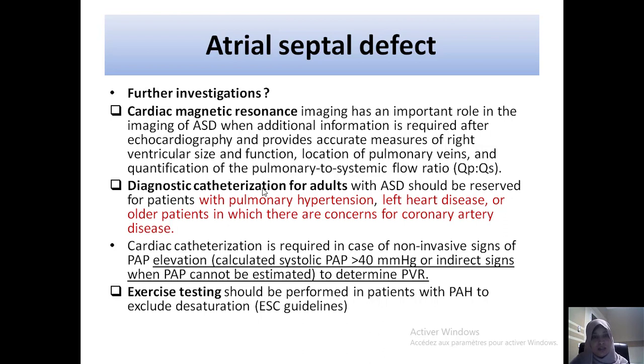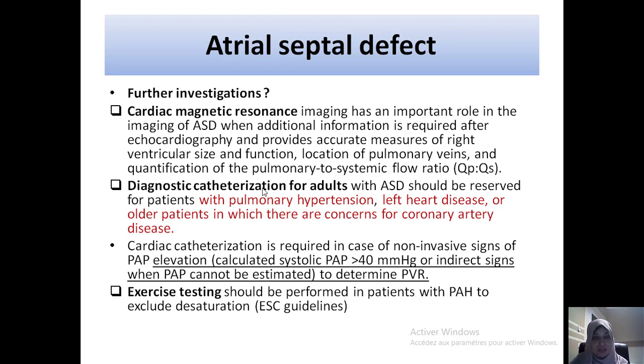We can also do a diagnostic catheterization for adults, not for all adults, but it should be reserved for patients with pulmonary hypertension. It should also be done for patients with left heart disease or older patients in whom there are concerns for coronary artery disease.